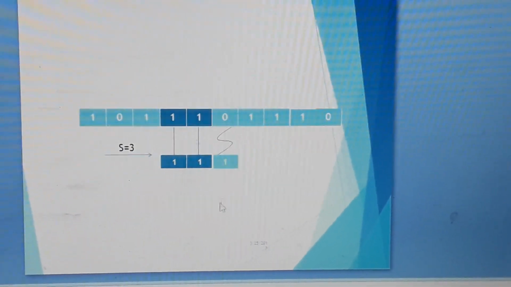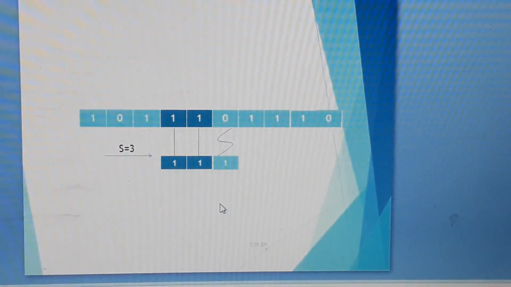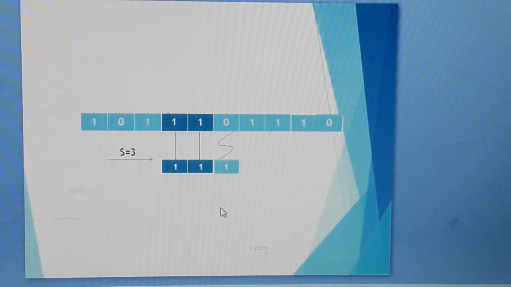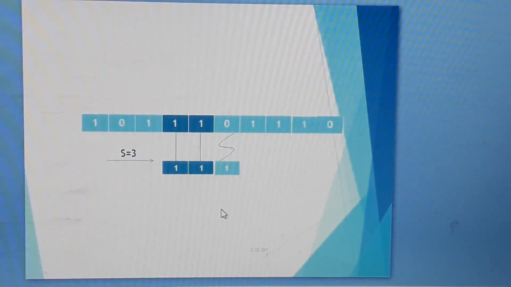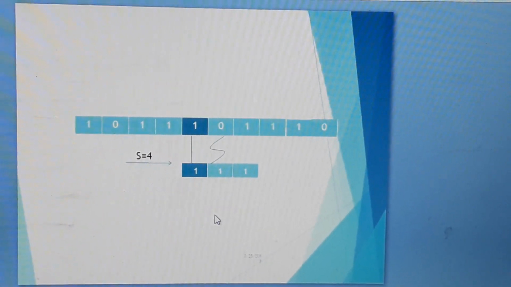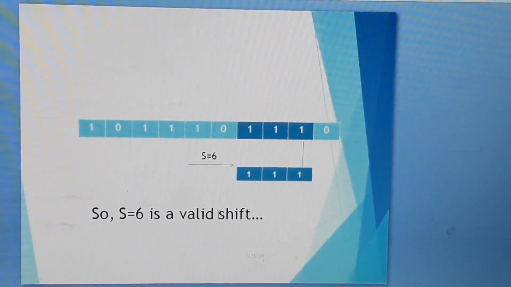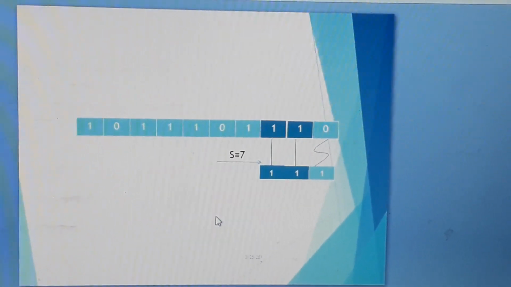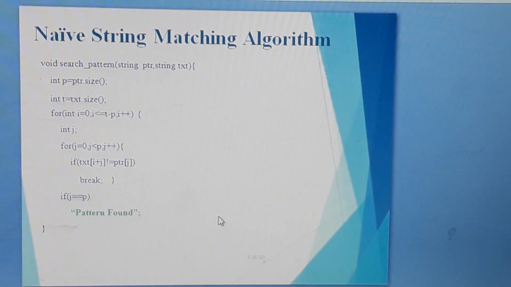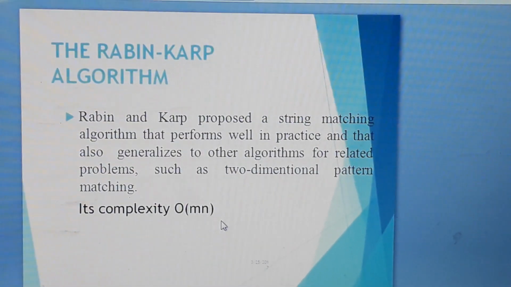Again find out all the valid shifts and then check at which shift the pattern is available. So this is nothing but the Naive string matching algorithm.